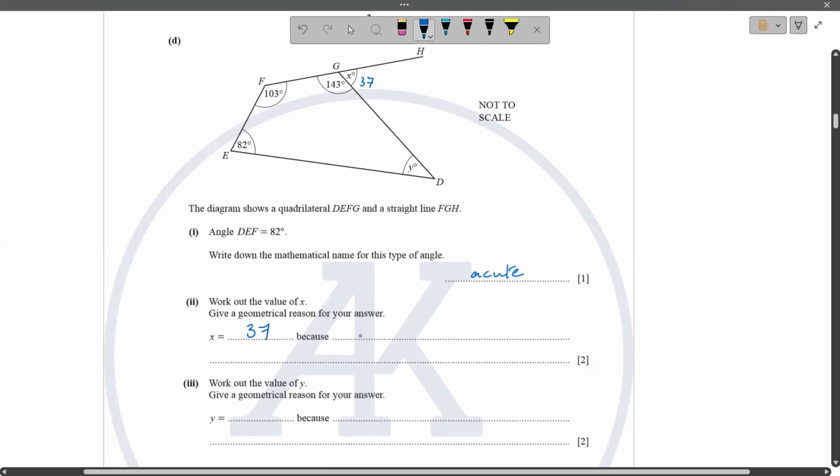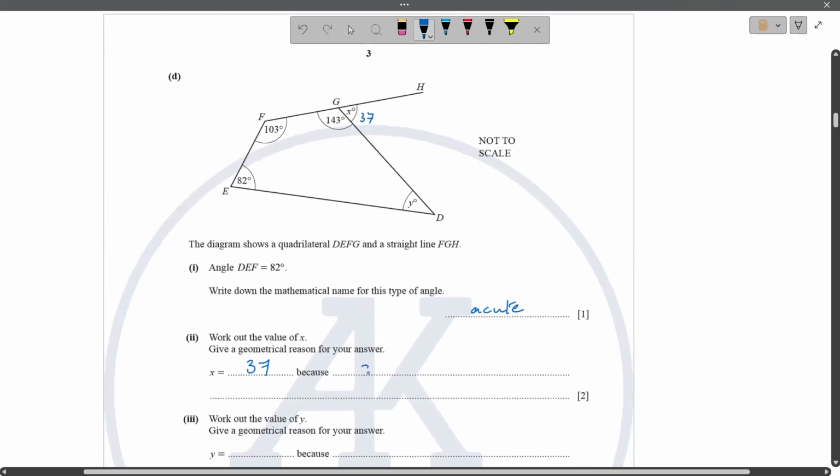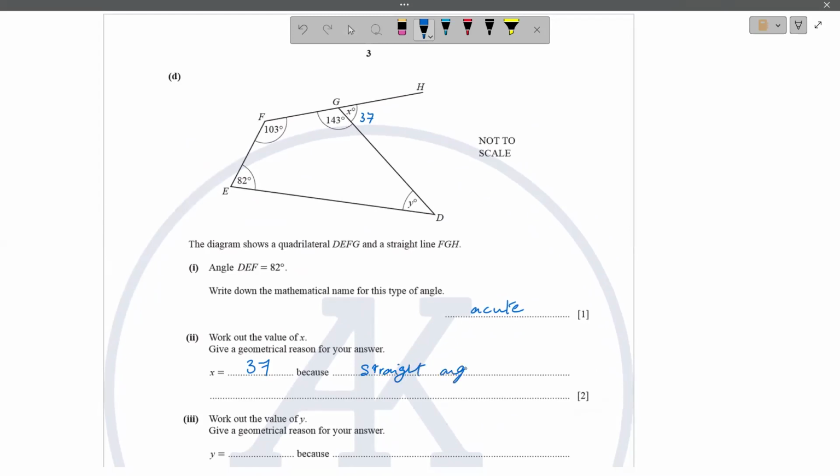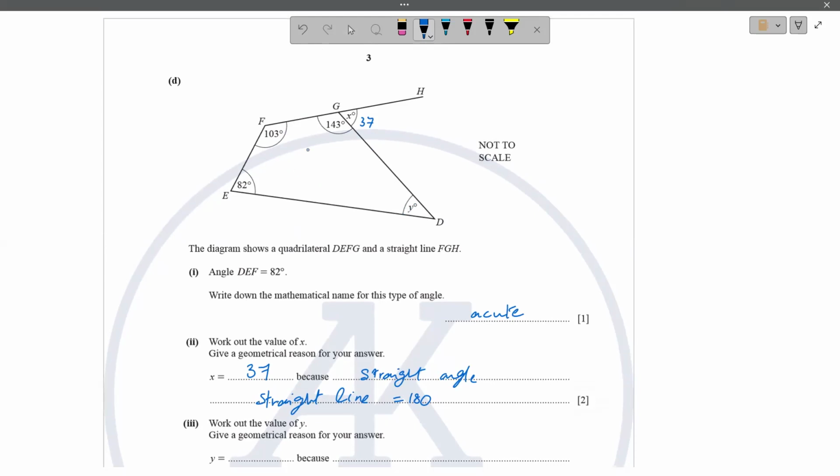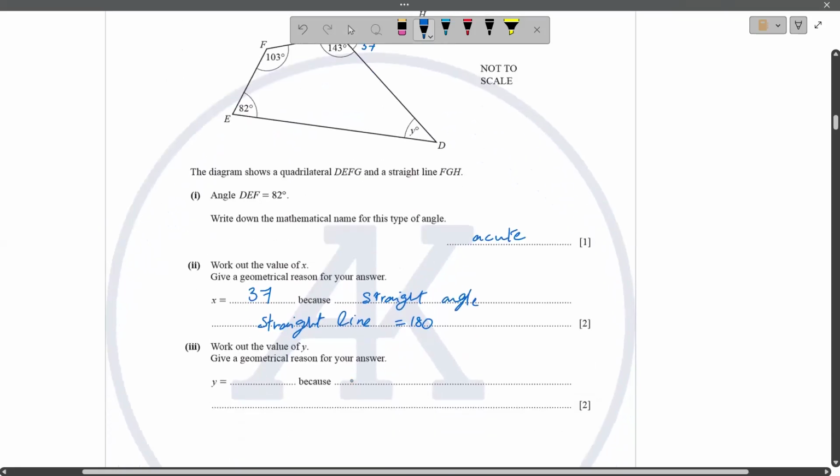Then, because it's a straight angle, or angles in a straight line, you can write angles in a straight line equals 180. Work out the value of y. Here we can get y using the sum of angles in a quadrilateral equals 360.